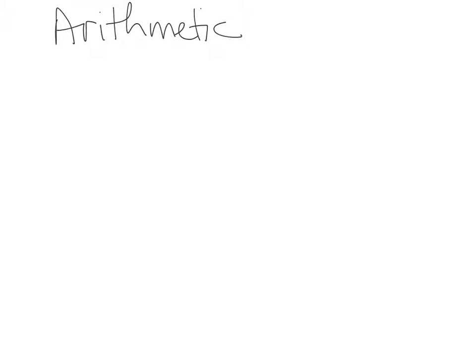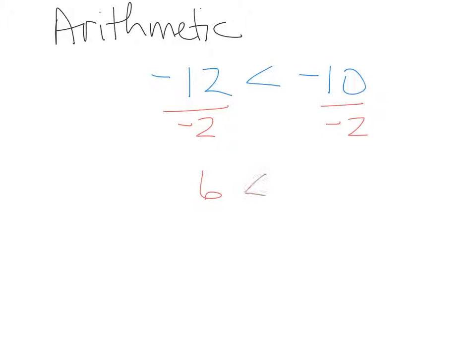Well, let's talk about what about division. So if I had -12 is less than -10, which by the way is true because -12 is more negative, so it is worse off, so it has less value than -10. If I were to divide both of those by -2, which is a legal move, I'm doing the same thing to both sides, I get 6 is less than 5.